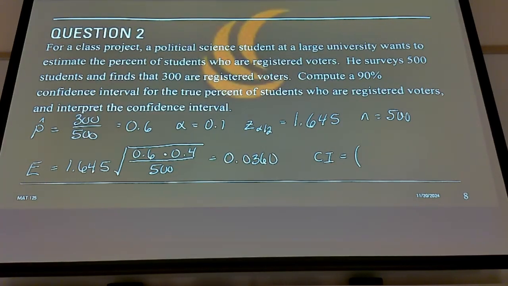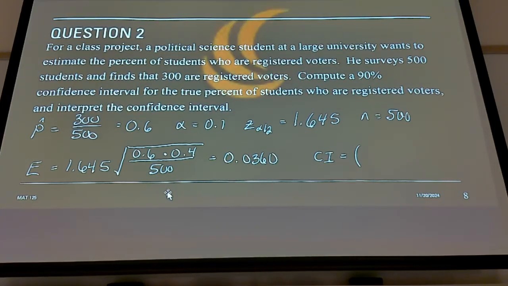Confidence interval: 0.6 minus that is 0.564.